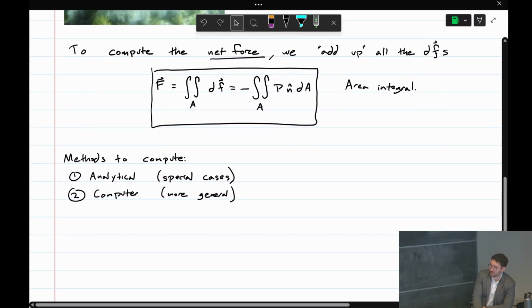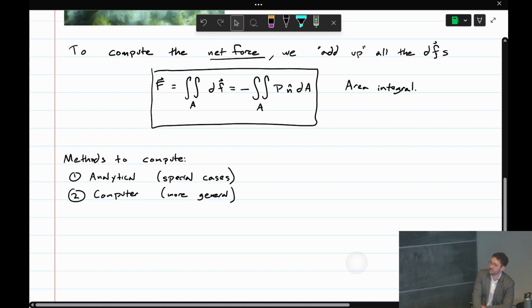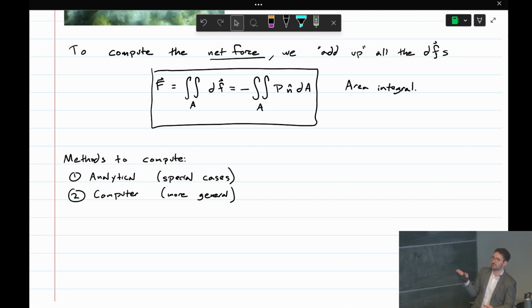I should mention, these are two methods to compute that force due to pressure on a body. We actually haven't done any hydrostatics yet, so this is a general force due to pressure integral. Even if that pressure is not hydrostatic in origin, you can still compute the force due to pressure on something using this integral. We're starting to look at this now in hydrostatics because we're able to compute that pressure through hydrostatics. We haven't done the hydrostatics portion of this yet. So are there any questions about this area integral?